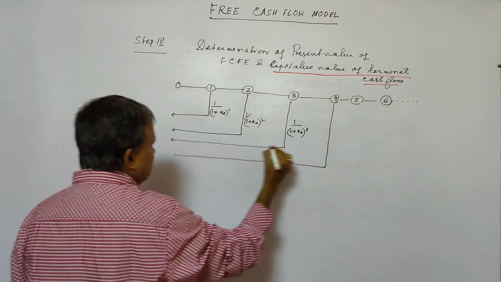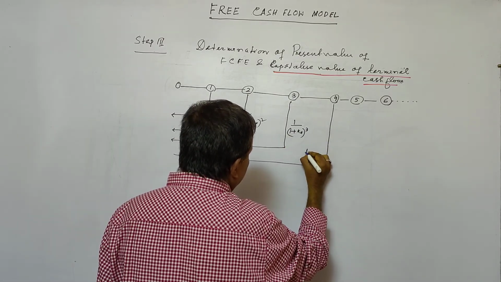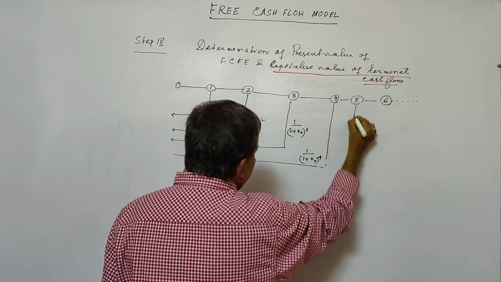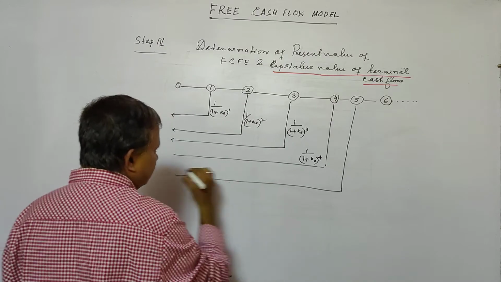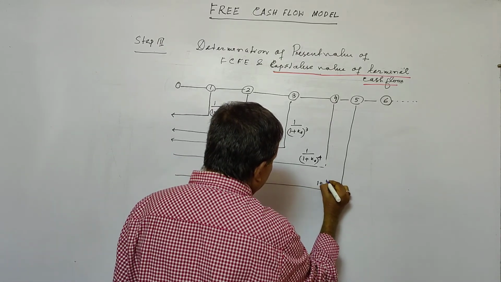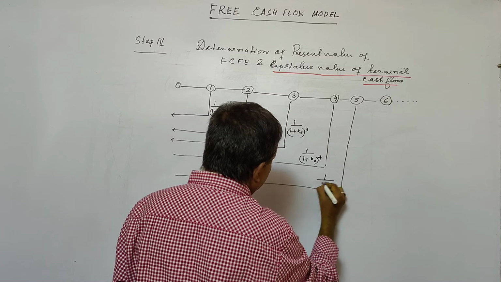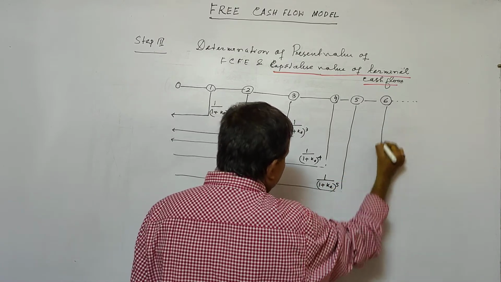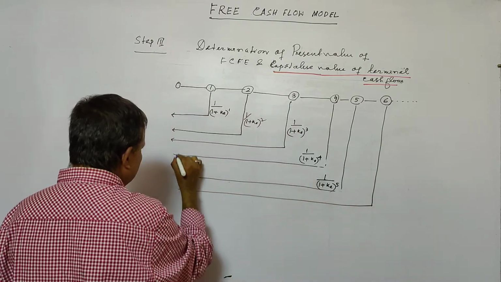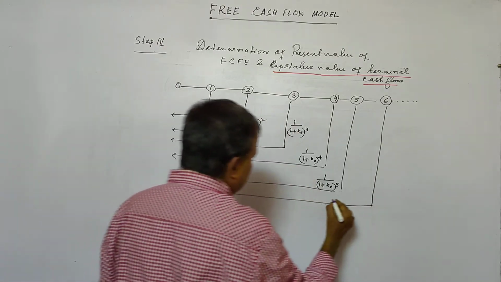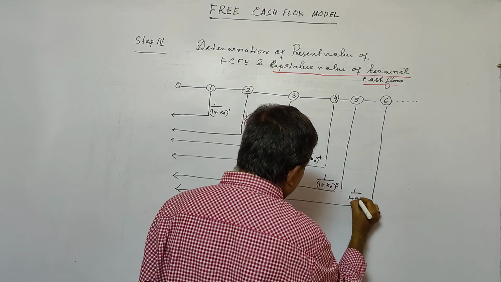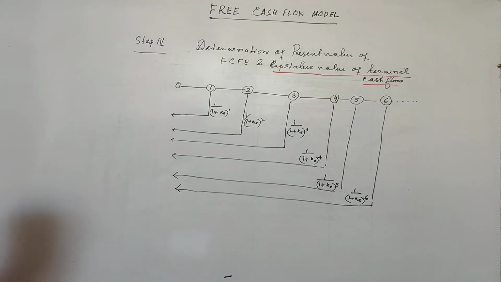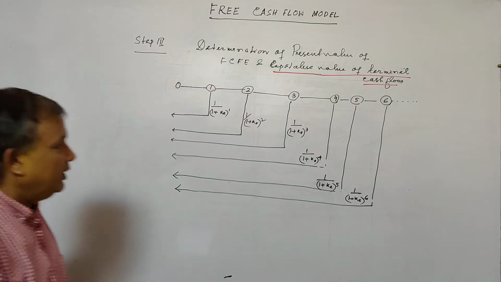The fourth year cash flow is again converted to present value, fifth year also same. So this is the present value of cash flow.